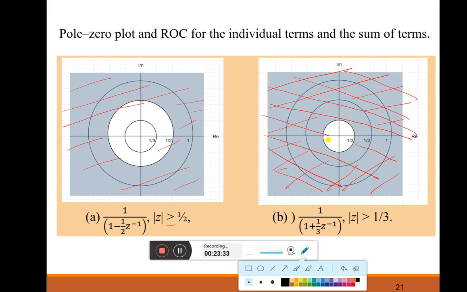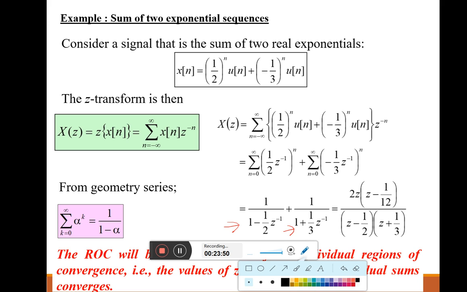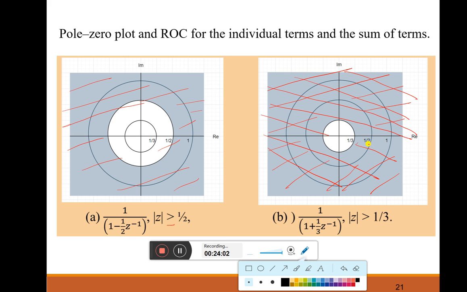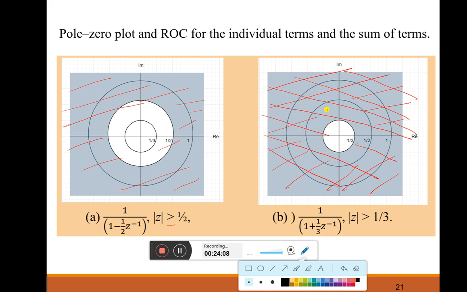Okay, so dia bertimpa di kawasan luar 1/2. Sebab kalau kita tengok tadi, okay, ROC will be the intersection of individual regions. Okay, intersection tu maksudnya dia kena bertimpa lah. Okay, so means that yang bertimpa adalah di luar 1/2. Okay, so that therefore you punya ROC adalah Z bigger than 1/2.